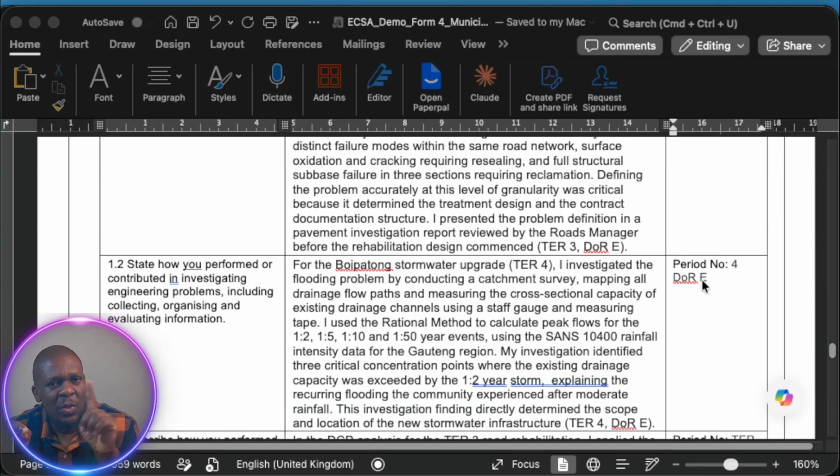It goes back to what we said about the reference column in the training and experience report. The training and experience report links to the engineering report, and the engineering report links to the training and experience report. I hope that is clear.